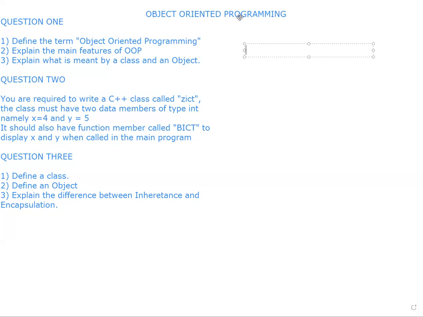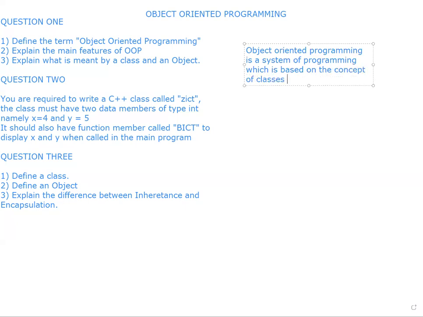So object-oriented programming is a system of programming that is based on the concept of classes and objects.